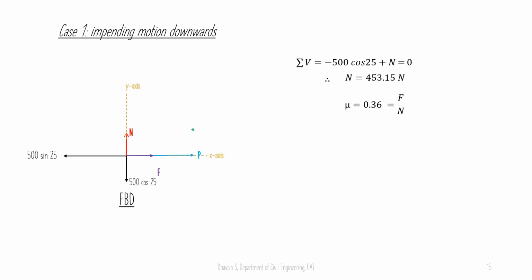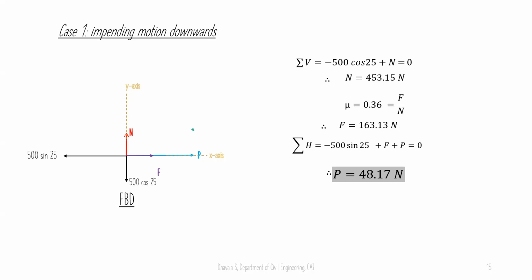If N is 453.15 and mu is equal to 0.36, F will be equal to 163.13. Summation of H is equal to 0: minus 500 sin 25 plus F plus P is equal to 0. Therefore, P should be equal to 48.17 Newton.